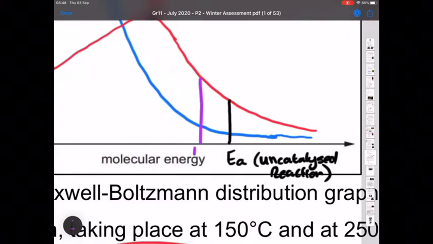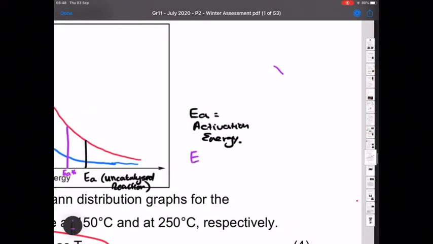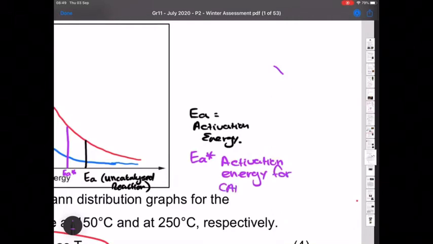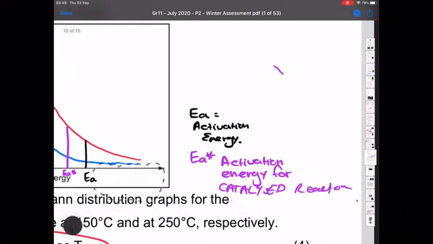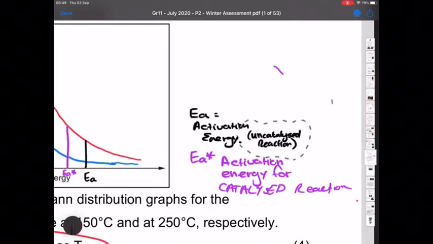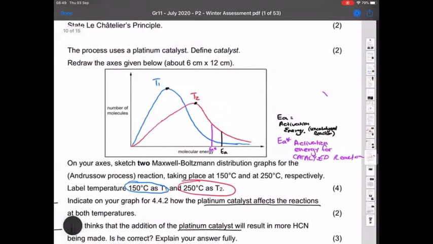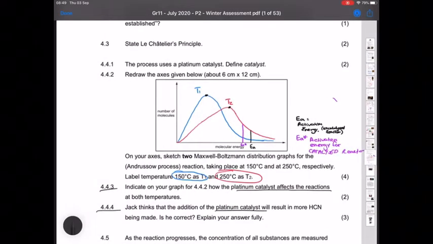So then you can call this EA, I'm going to call it EA star, and then make a note on the side that EA star is the activation energy for the catalyzed reaction. And EA, just EA without the star, is the activation energy for the uncatalyzed reaction. So please make sure that everything is labeled properly. Okay, so that was 2 marks for 4.4.3.